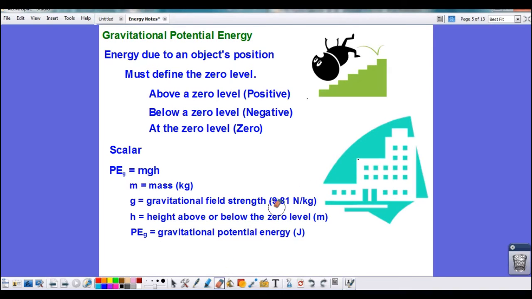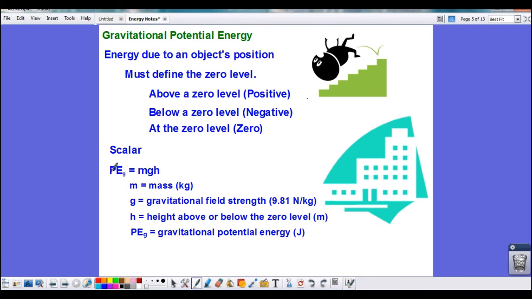But if I had said this was the zero level, and I go down from this point to that point, I still went down by 5 joules. So despite the fact that the potential energy is a little bit of an arbitrary value, the change in potential energy is not. So potential energy is a scalar, could be positive, could be negative, depending on where we set the zero level.